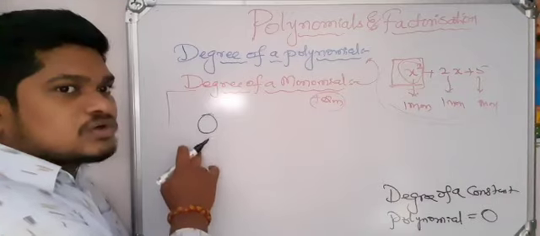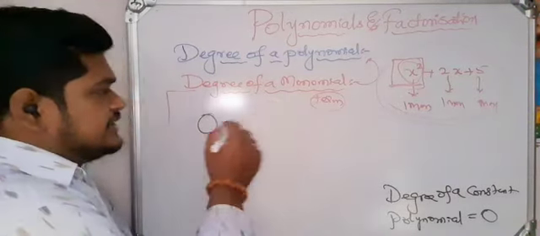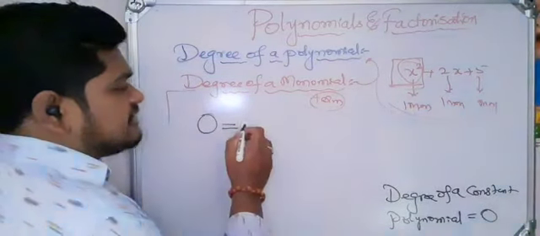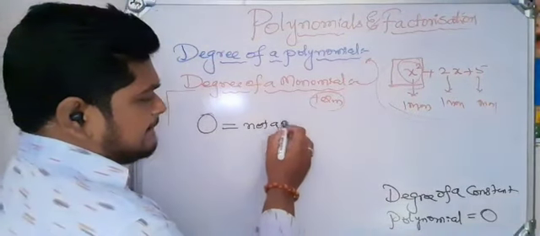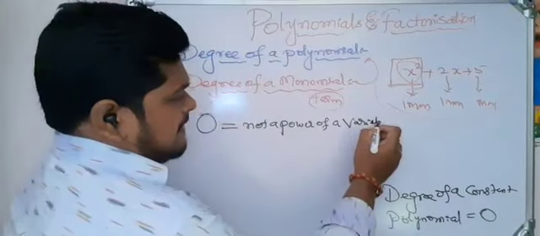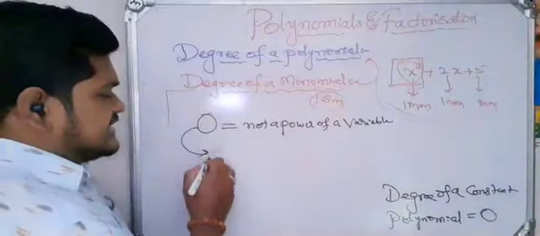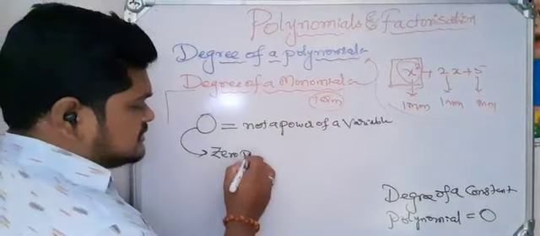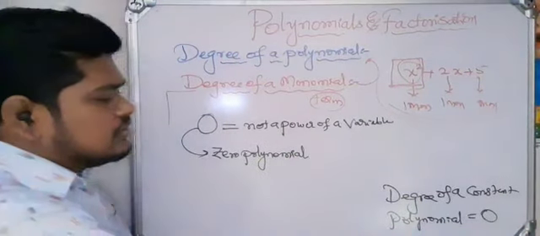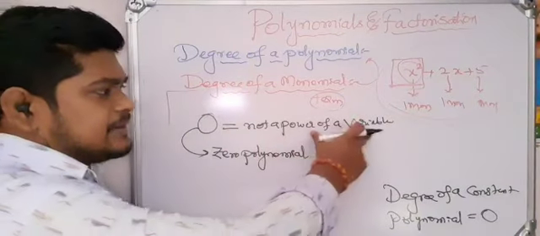We cannot express this 0 as a power of a variable. So this 0 we should call a 0 polynomial. So a 0 polynomial means we cannot express it as a power of a variable.